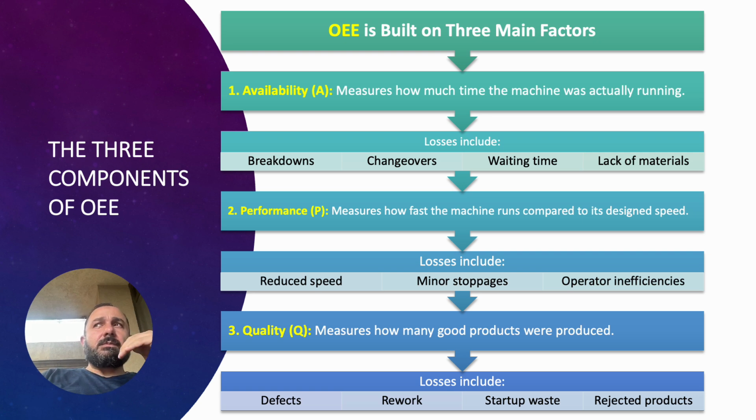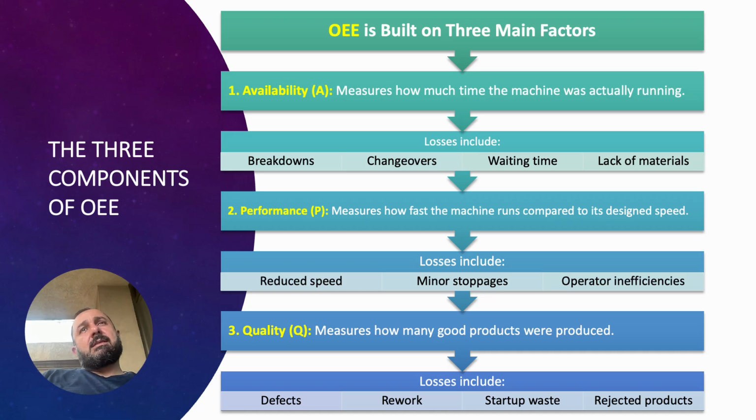It's like having a car rated at a speed of 200 kilometers per hour. How many times have I really been using this 200 kilometers per hour? That's how we look at performance: how much the machine, the line, is performing. It also depends on the equipment itself, its lifespan, how old the equipment is.